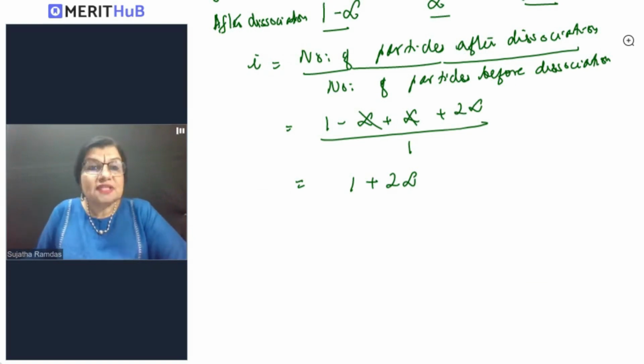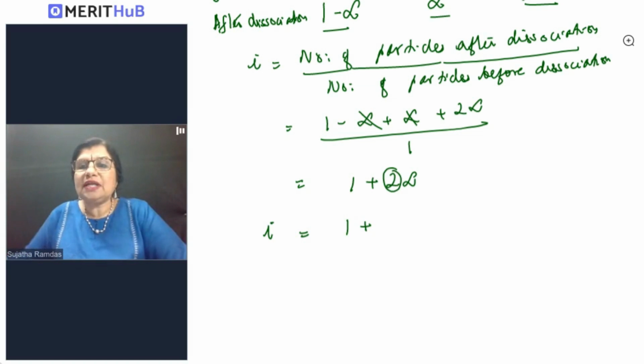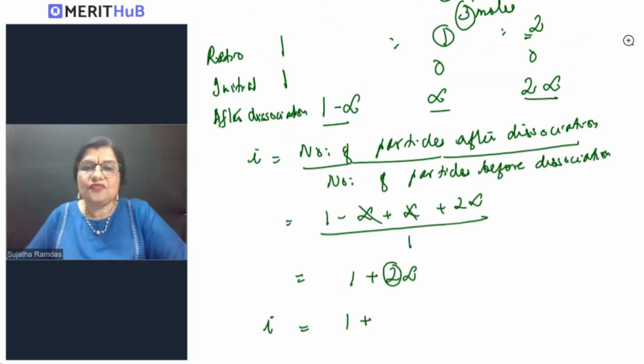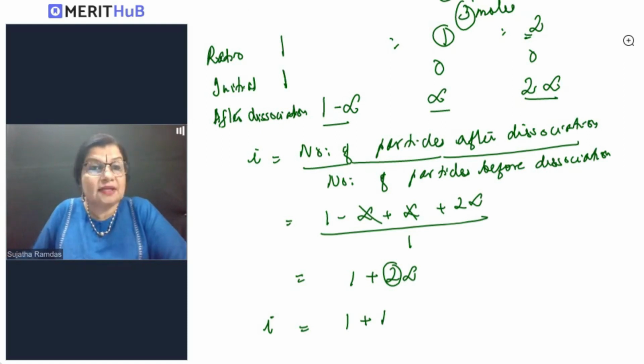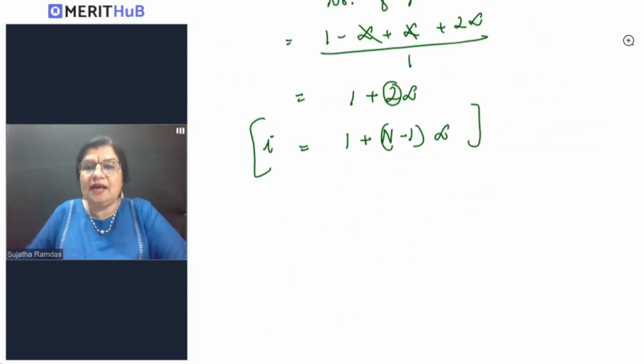Now this is what is summarized into a formula. i is equal to 1 plus (n minus 1) alpha. The total number of particles is 3, so 3 minus 1 is 2. So if n is the total number of particles after dissociation, it is n minus 1 times alpha. If you forget this formula, this is the path to arrive at the formula.